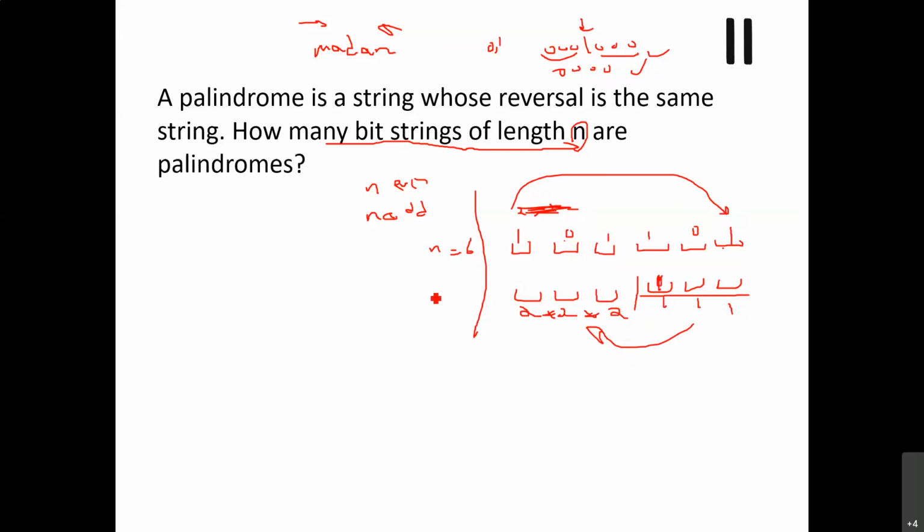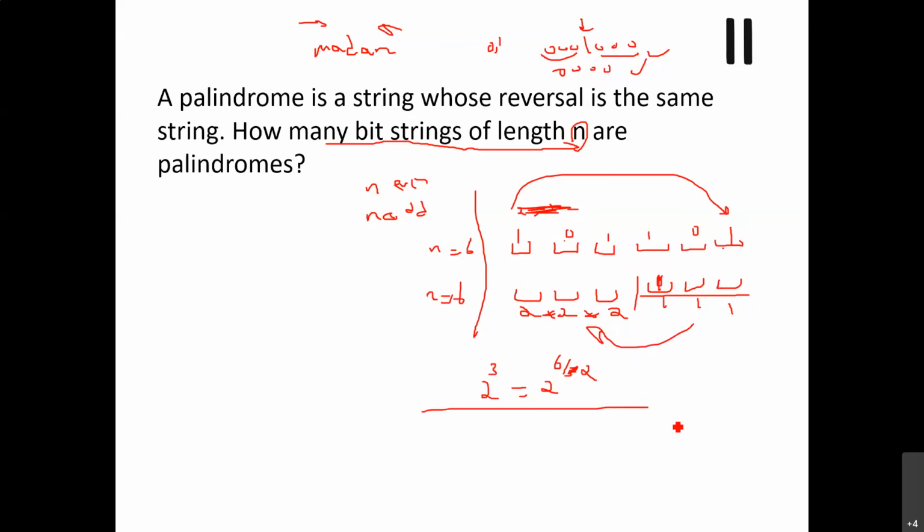So if n is 6, the number of possibilities is 2 power 3, in other words, 2 power 6 over 2. You divide n by 2. Half of n is going to be fine. So this is okay since n is even. We can divide by 2.